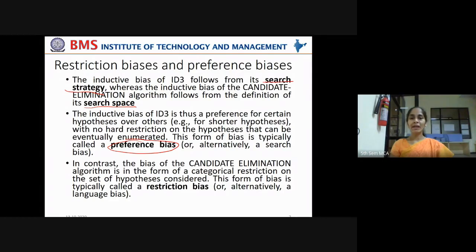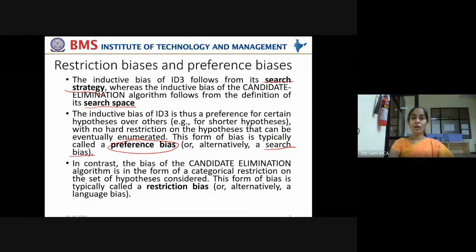The inductive bias of ID3 is thus a preference for certain hypotheses over others, meaning preference for simpler trees over complex trees. That is why we call it preference bias, or alternatively we can also call it search bias. It is biasing its search, limiting its search so that it prefers only simpler decision trees rather than complex decision trees.